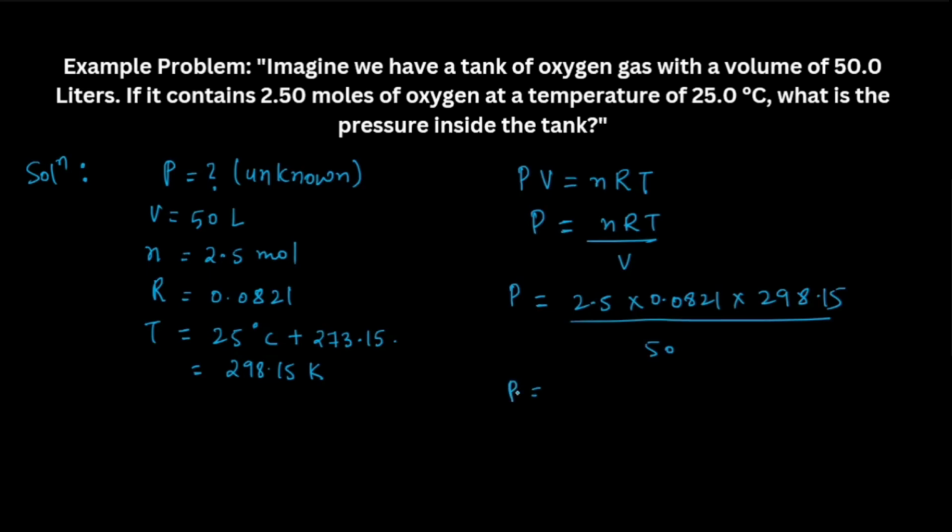So on solving all this, we can say that the pressure inside the oxygen tank is about 1.22 atm, or atmosphere. See, with PV = nRT, you can predict gas behavior like a pro.